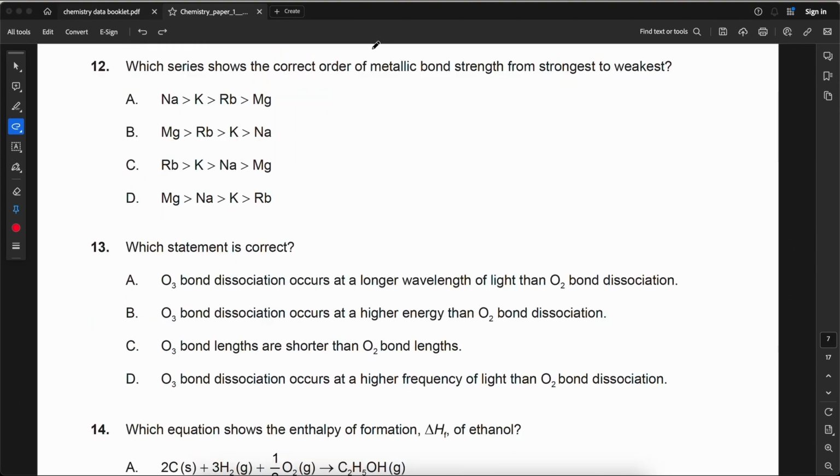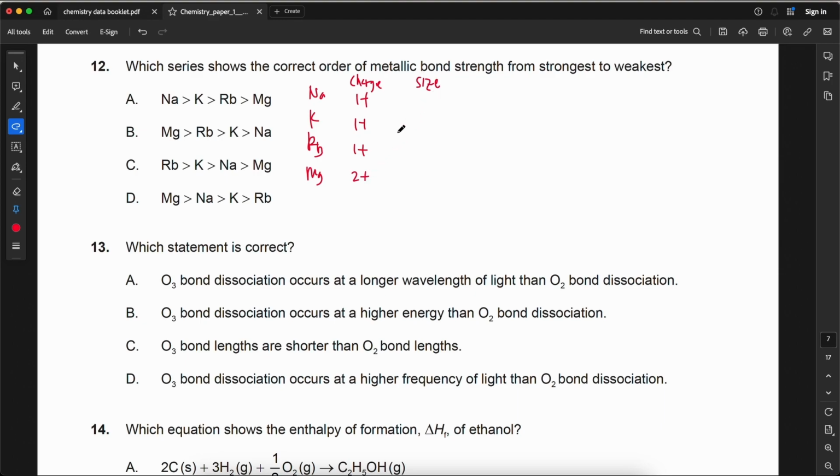Which series shows the correct order of metallic bond strength from the strongest to weakest? So we have Na, K, Rb, Mg with their charges. It's 1 plus, 1 plus because they are from group 1, and this one 2 plus.